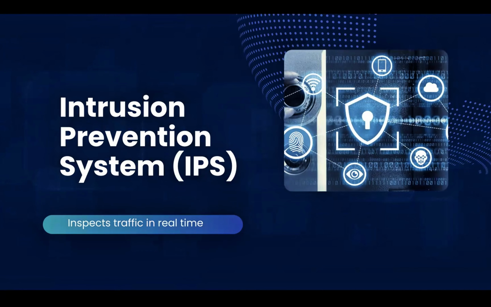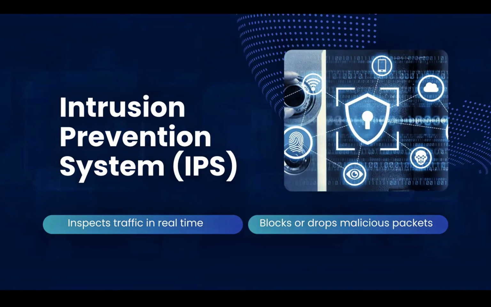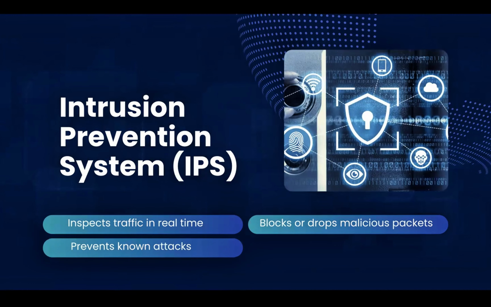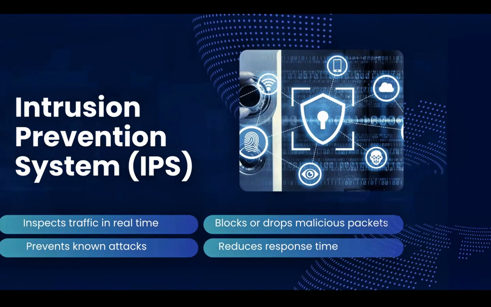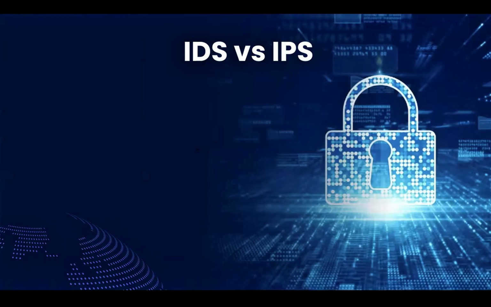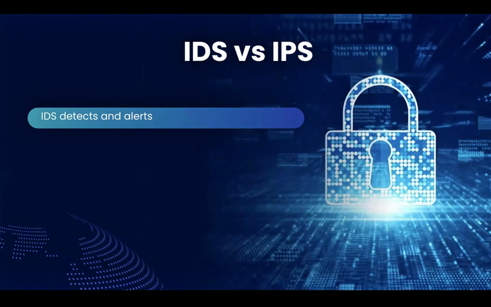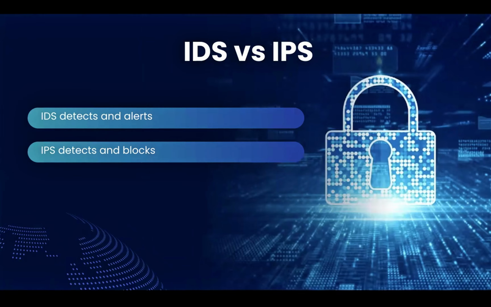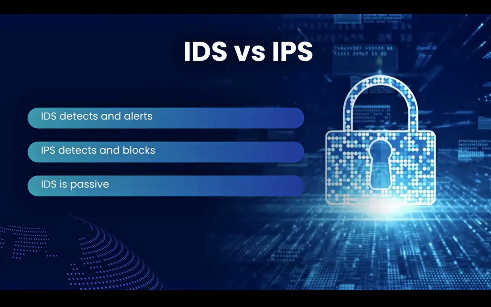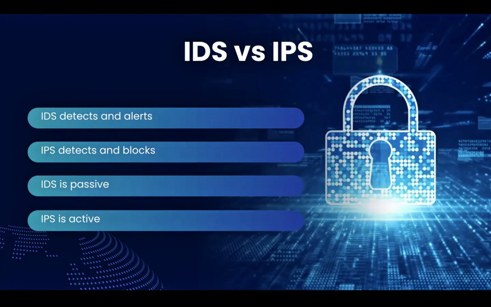It inspects traffic as it flows, it blocks or drops malicious packets, it prevents known attacks, and it reduces response time. Now, IDS versus IPS. IDS and IPS serve different roles because IDS detects and alerts, but IPS detects and blocks. IDS is passive, but IPS is active.